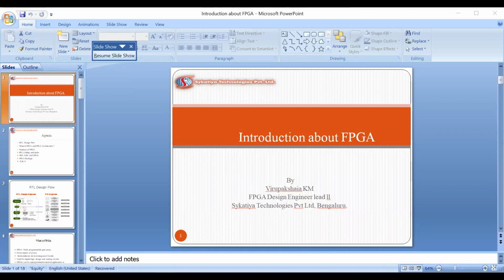You have some L2 caches and timers, PCI, DAC, ADC, internal memory, DDR controller, and bus interface to the world, and USB interface, I2C, SPI, and UART. All this comes in SOC architecture only. It has all the processors as well as FPGA applications inbuilt. It's called SOC architecture.